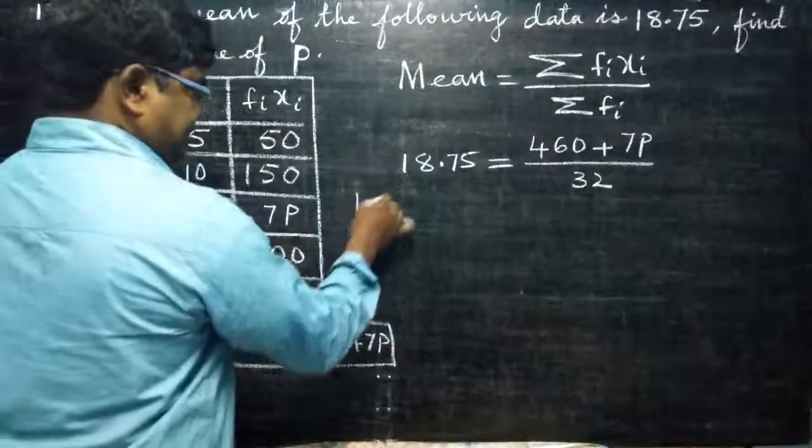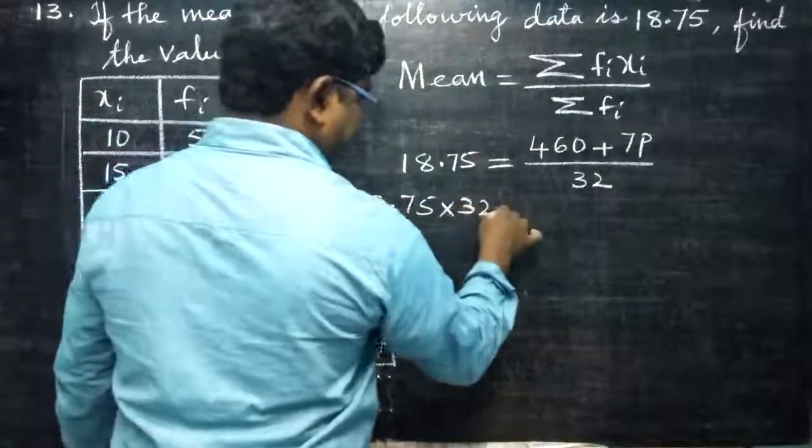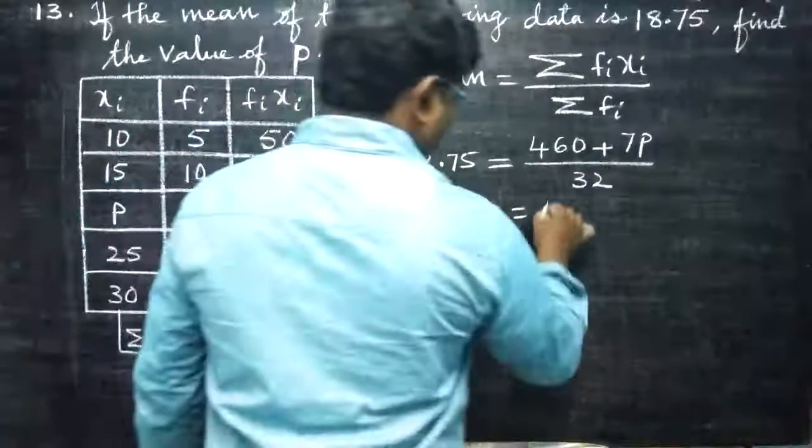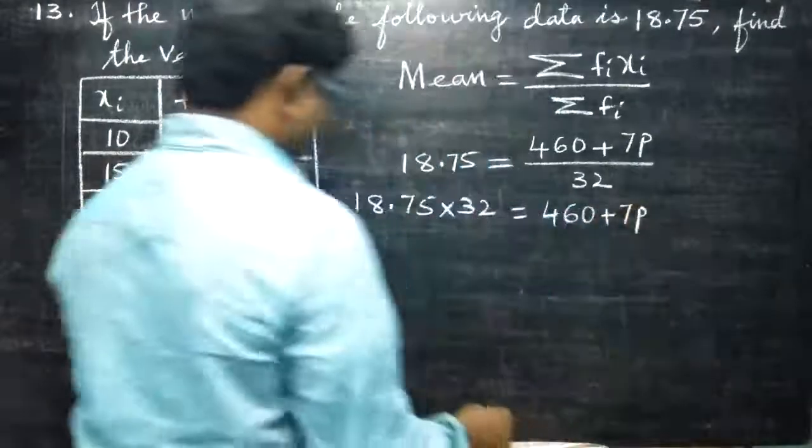Cross multiplication. 18.75 into 32 is equal to 460 plus 7p.